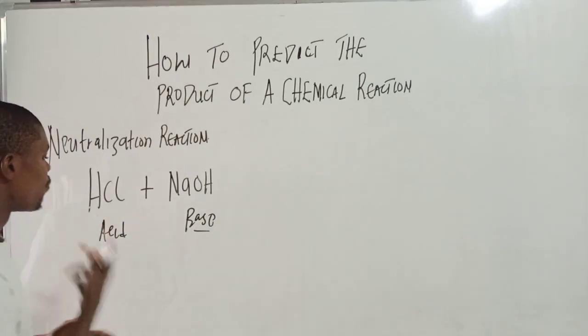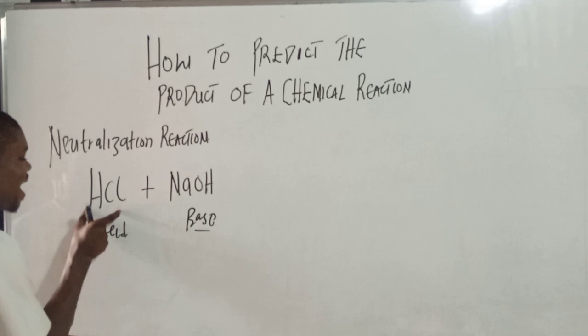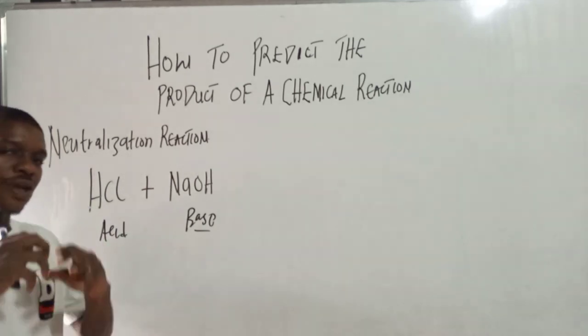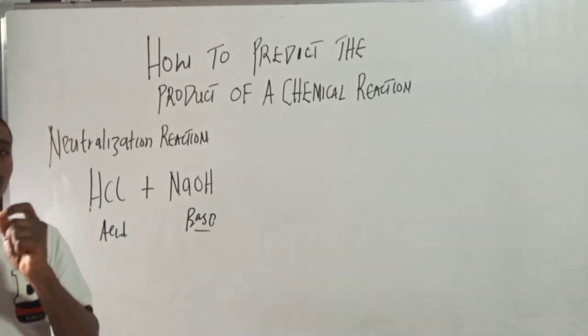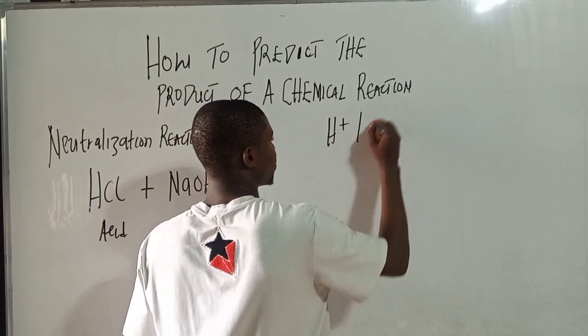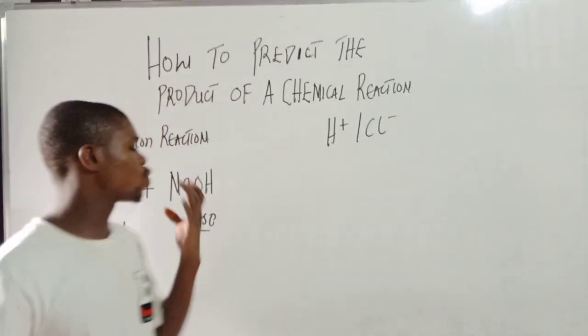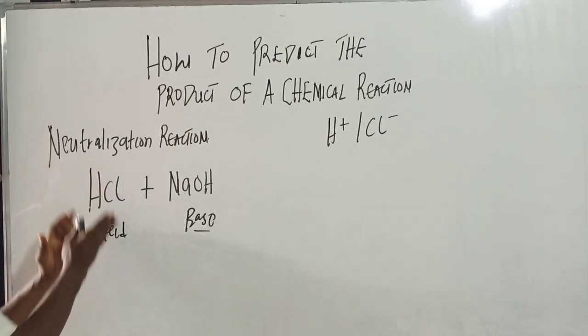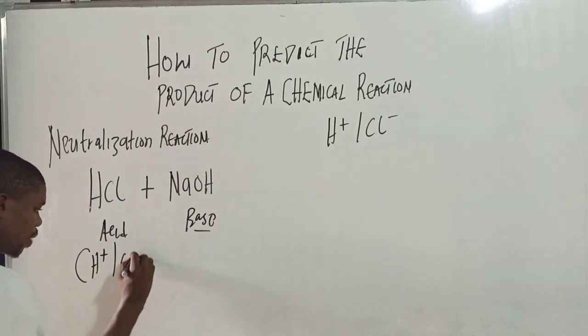It means that for you to balance the reaction, you need to break the acid into its various ions. So HCl is made up of two ions, H plus and Cl minus. These two ions make up HCl. So you have to write H plus and Cl minus.